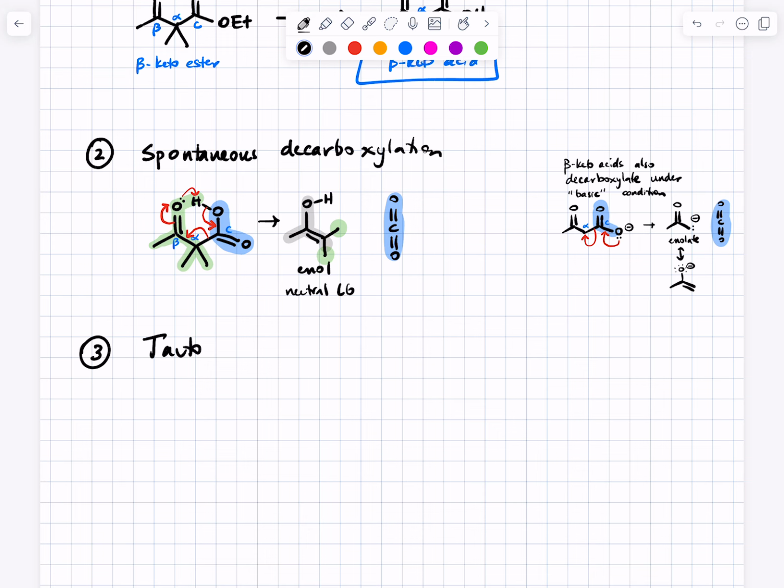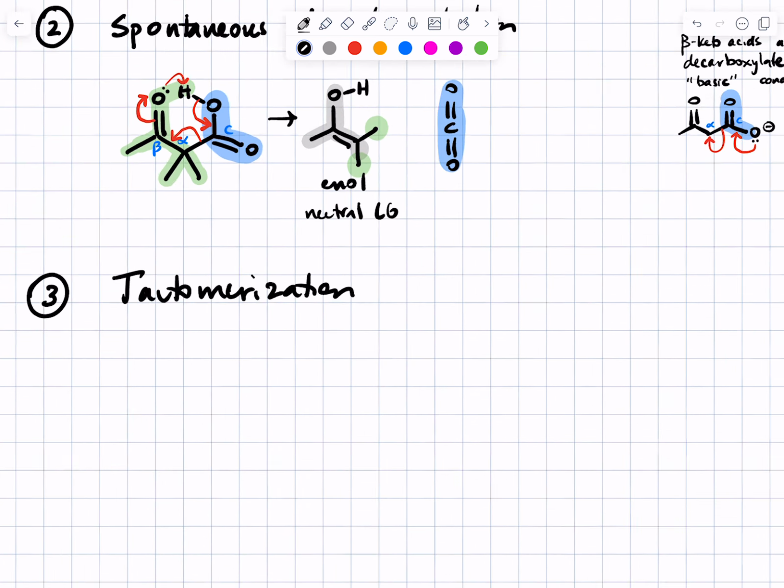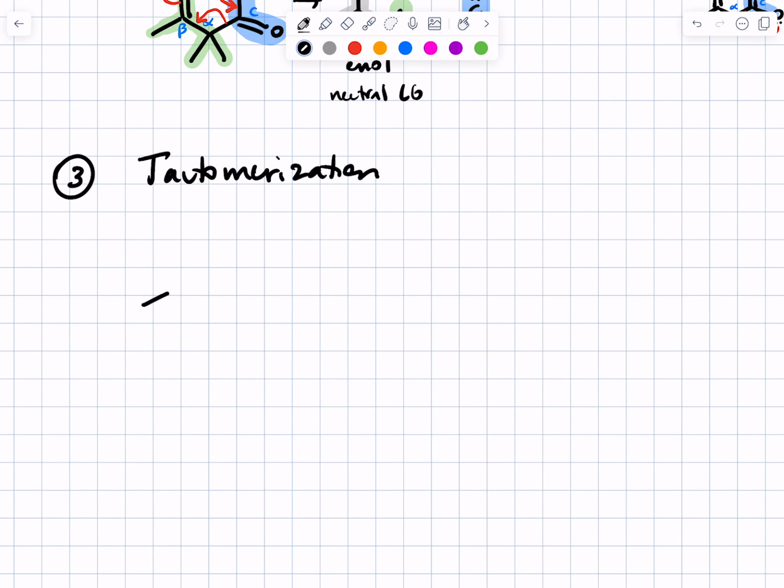So the final step that happens is tautomerization of the enol to the more stable keto form. So here is the enol, and it's going to form spontaneously the more stable keto form. And this is my desired product. Again, the 3 carbons that came from acetoacetic ester, the 2 alkyl groups that we installed.